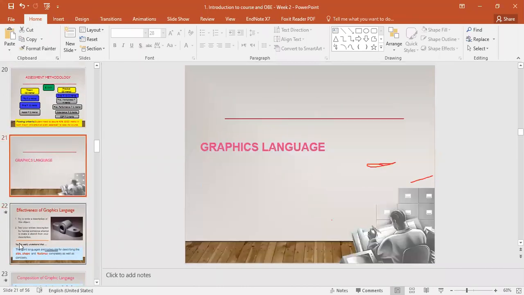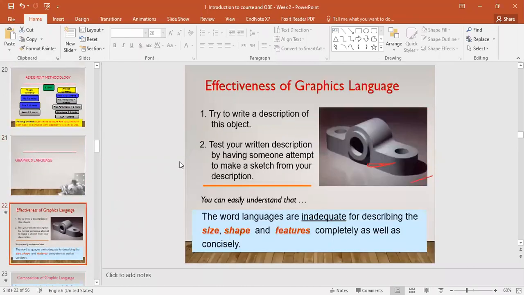So what is graphic language? For describing an object, you cannot completely describe it by words. As in this example, try to write a description of this object.